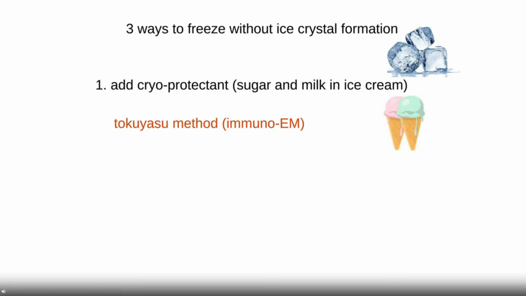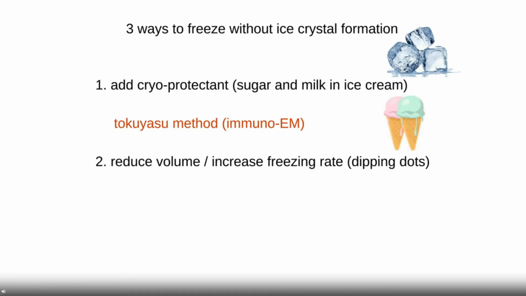The second way to avoid ice crystal formation is kind of like making Dippin' Dots, where you reduce the volume of the tissue that you're freezing and increase the freezing rate. As you know, Dippin' Dots are made with liquid nitrogen by dipping small bits of ice cream.